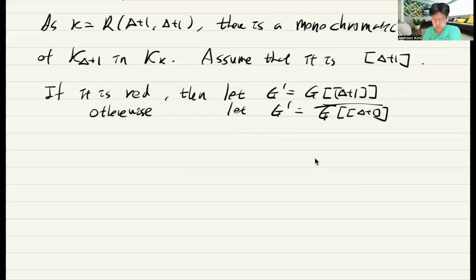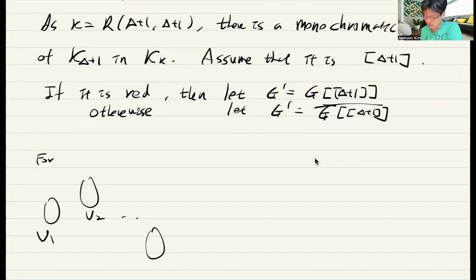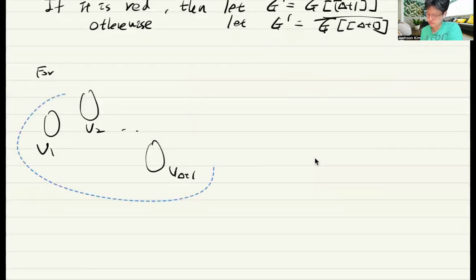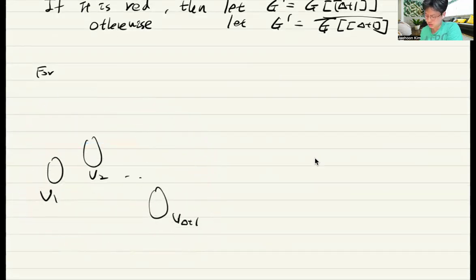Now what? We have V1, V2, up to V delta plus 1. And here, they are epsilon regular with density at least half. So each of them is epsilon, half-plus regular.